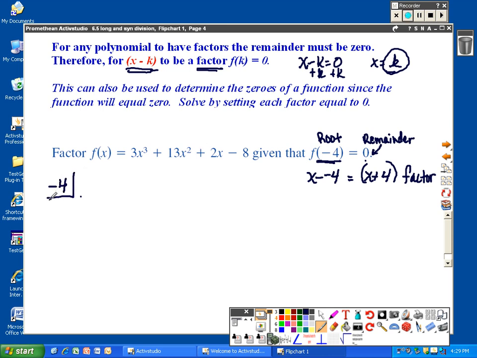Then I make sure I have every place. Cubed, squared, first, 0. So 3, 13, 2, negative 8.